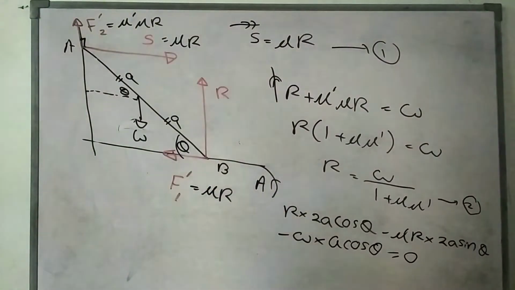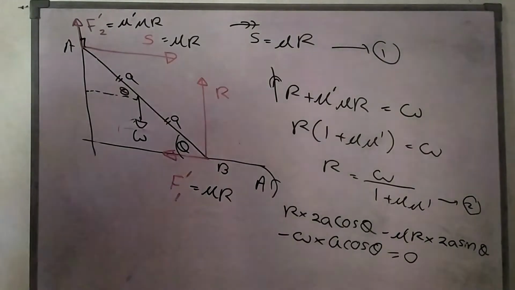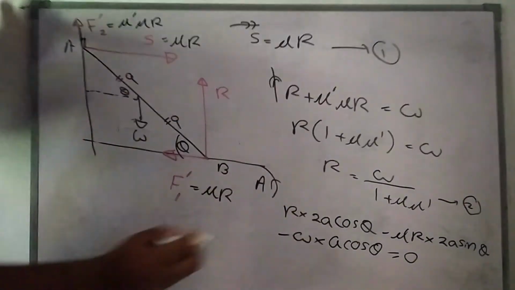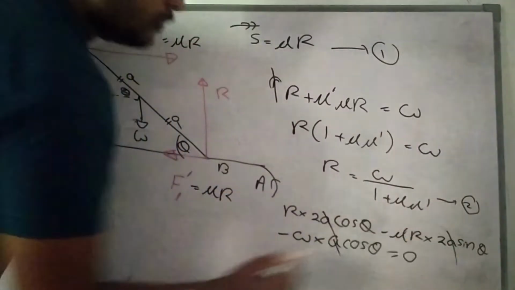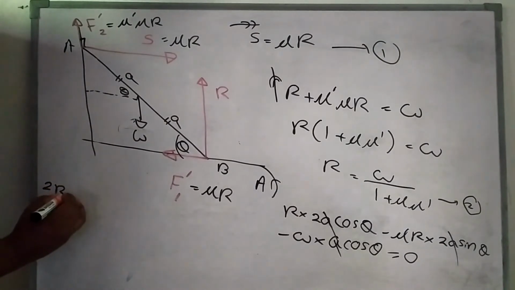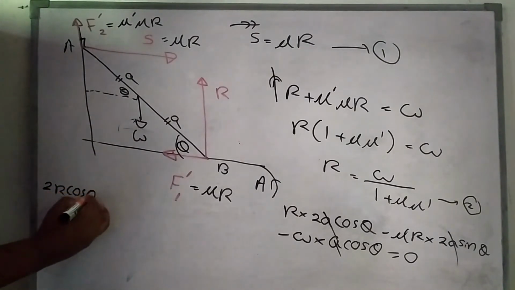All A's are cancelled. 2R cos theta equals 2 mu R sin theta plus W cos theta.